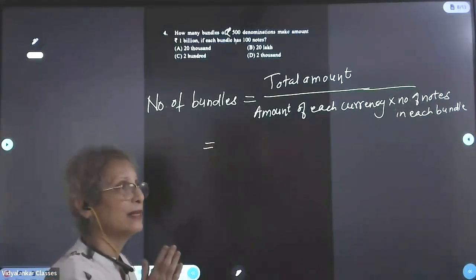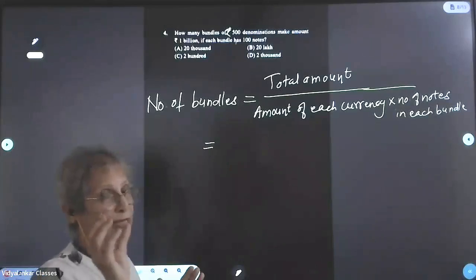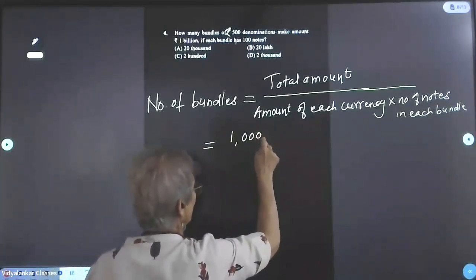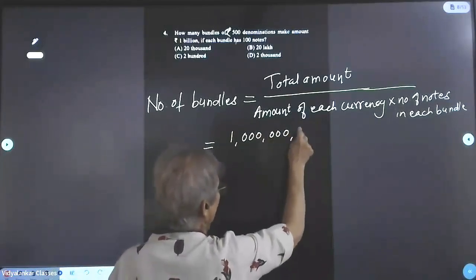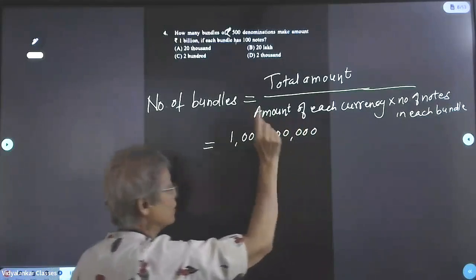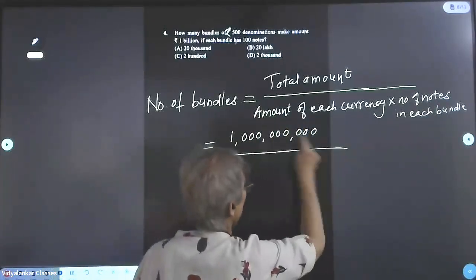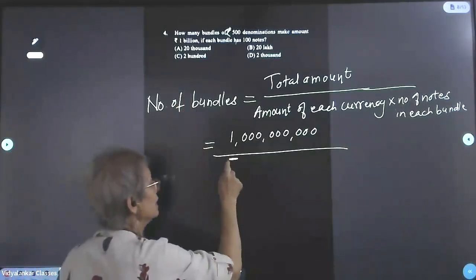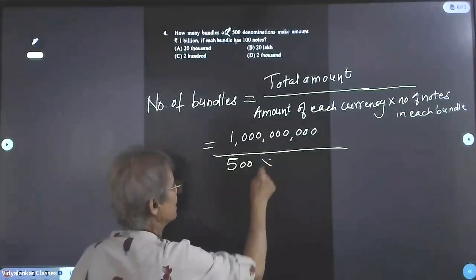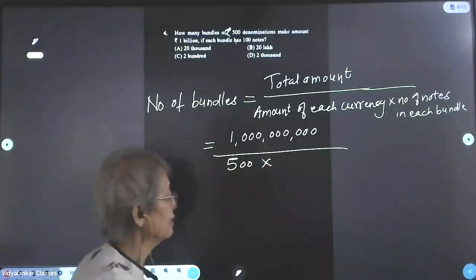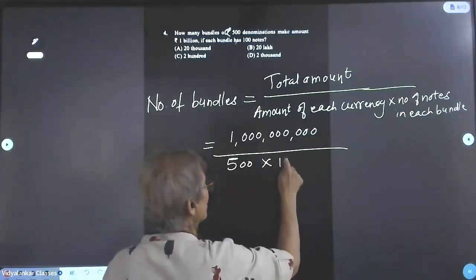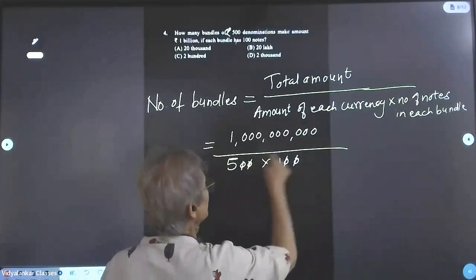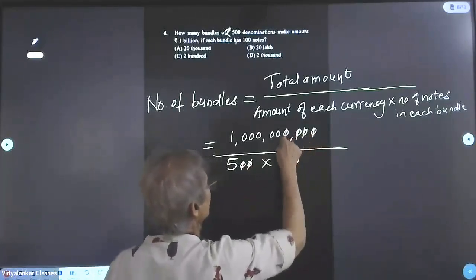1 billion means 3 groups of 3 zeros, that is 10 digits. 1, 0, 0, 0, 0, 0, 0, and 0, 0, 0. This is the amount, 1 billion, divided by the amount of each currency note, which is 500, and in each bundle there are 100 notes. So 100. Now let us cancel all the zeros first. 4 zeros. 1, 2, 3, 4.